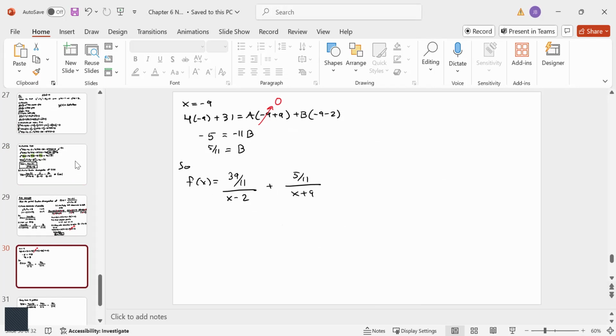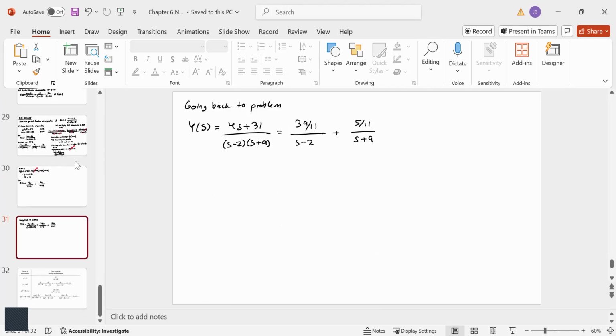So we have that. Sorry, I'm just going back and forth. Step 5, so now step 6: inverse Laplace both sides. The inverse Laplace of Y(s) is your solution, y(t). That's exactly what we want it to be.